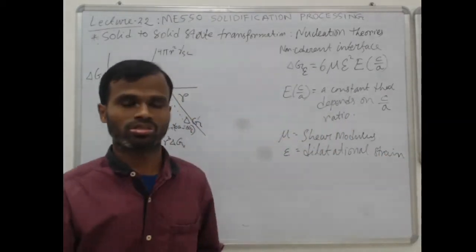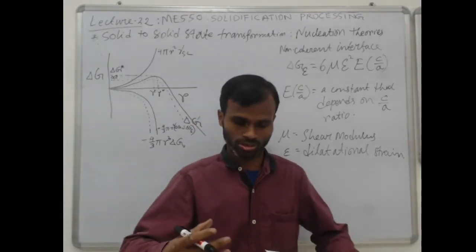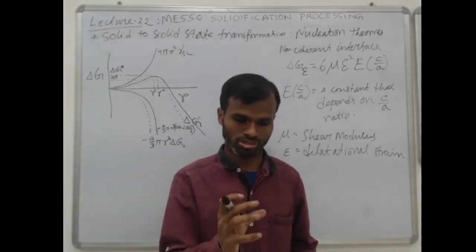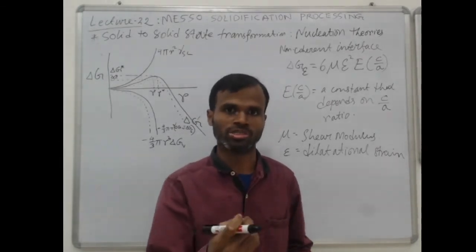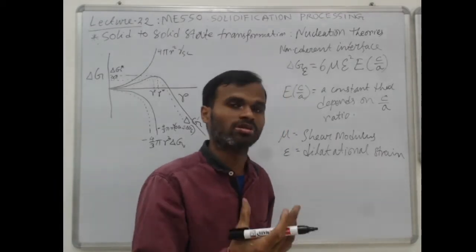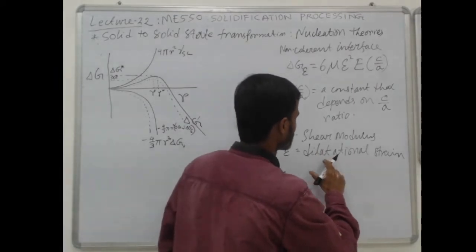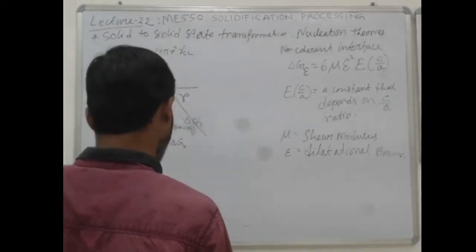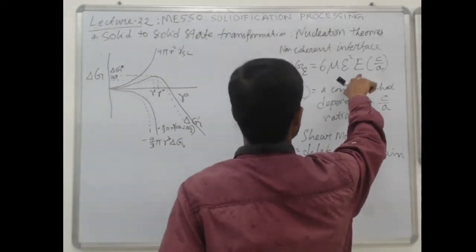Or you can say this is a hydrostatic strain, equal in all directions, a volumetric strain actually. Or you can say the radial strain if the shape is a sphere. Otherwise, we call it the dilatational strain. So, shear modulus, dilatational strain, and this is a constant.